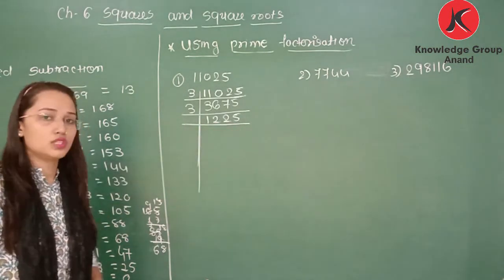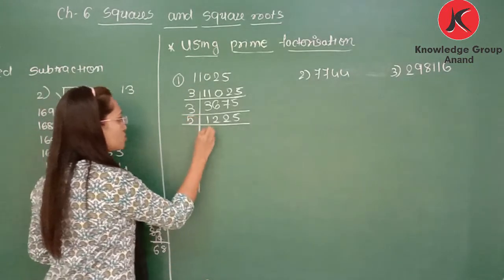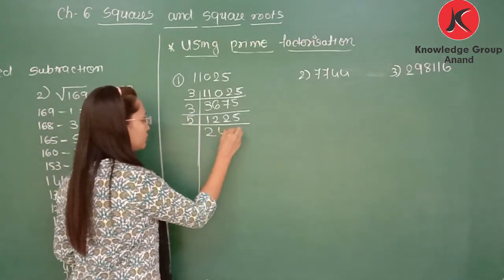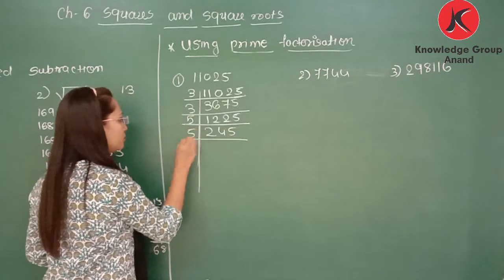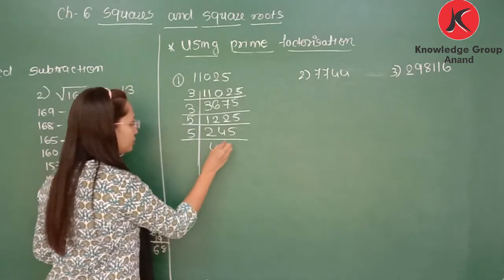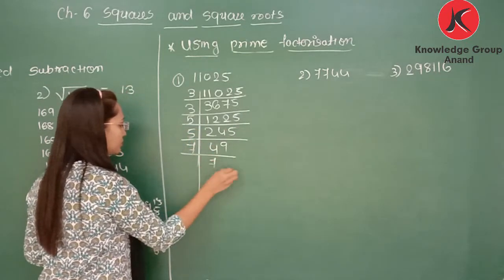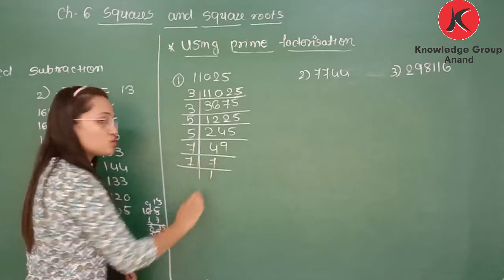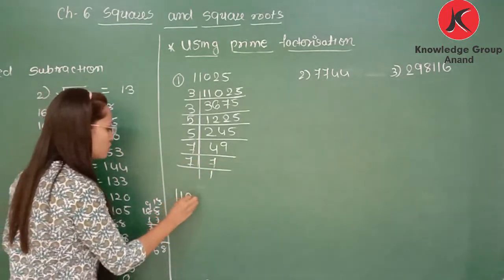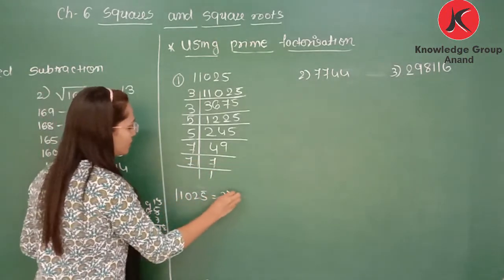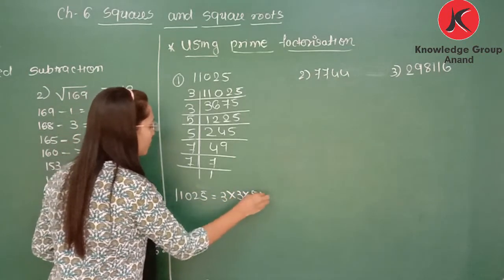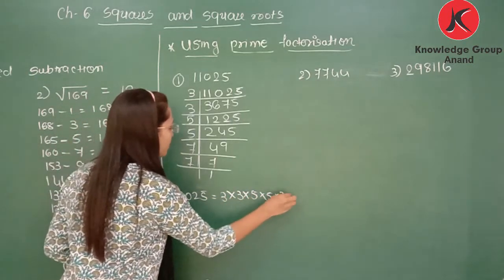Yes, because the last digit is 5. Now 7, 7. So the factors of 11,025 are 3 multiply 3 multiply 5 multiply 5 multiply 7 multiply 7.